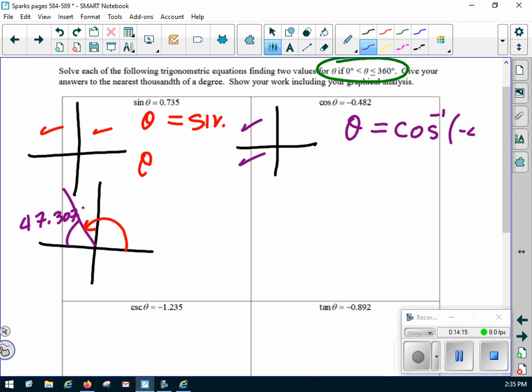Theta equals cosine inverse of negative 0.482. Do that on your calculator. You get 118 degrees and some change.